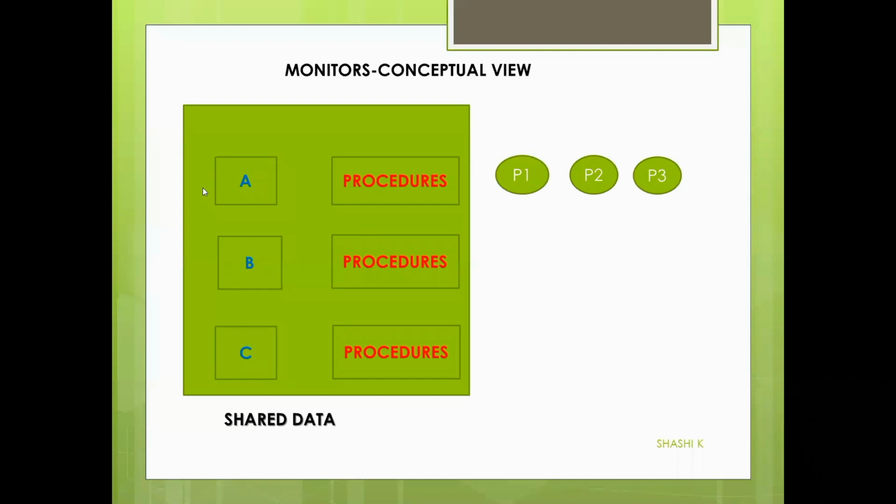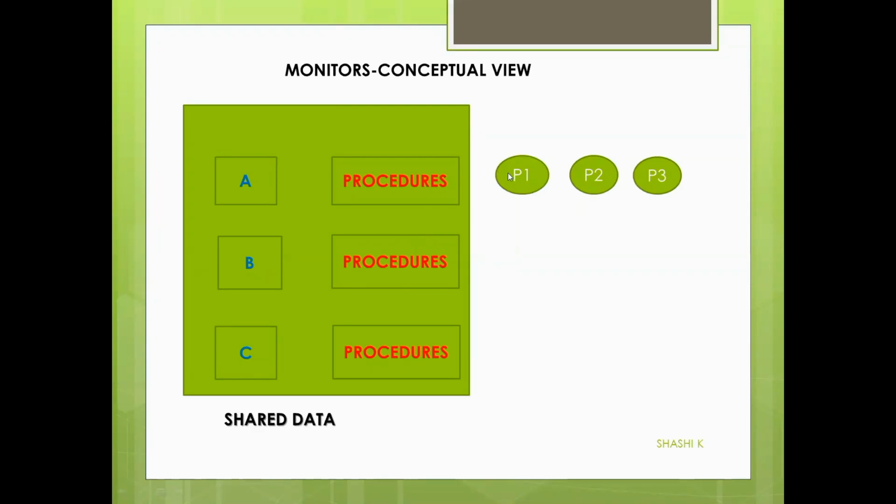So this is the conceptual view of monitors. In this conceptual view, this is your monitor. A, B, and C represent the shared data, and these are all the public procedures inside the monitor, and you have a queue of processes here: P1, P2, and P3.